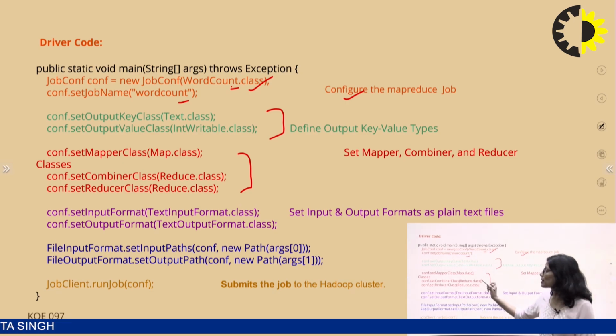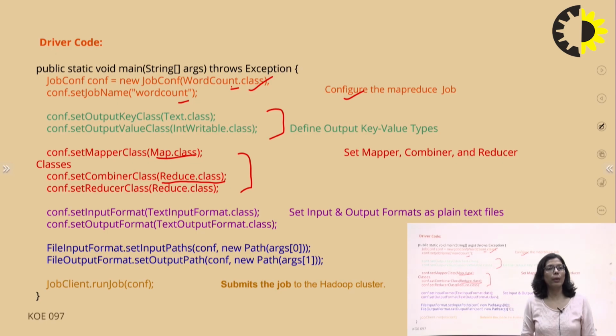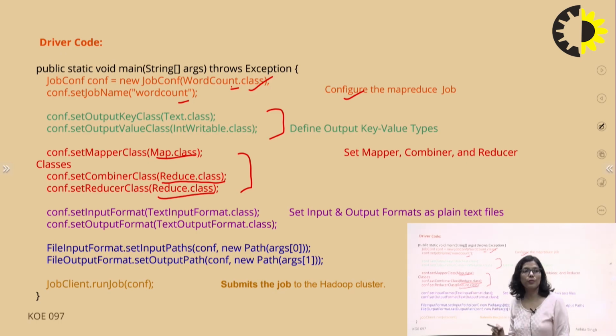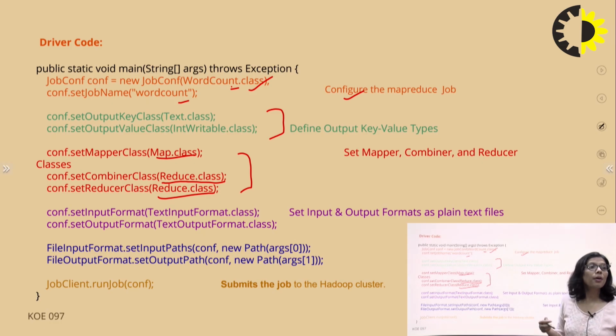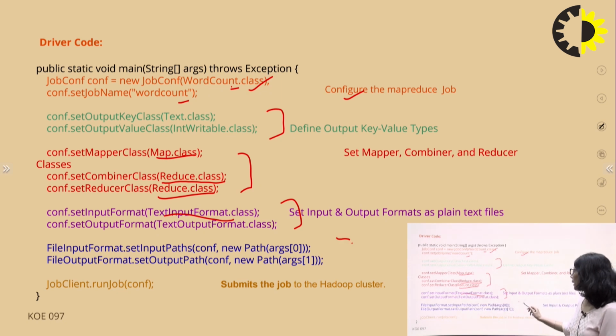Mapper I am defining as Map.class, whereas for the combiner I am using the same logic as reduce, because the combiner does the same work at one node, whereas the reducer works on the output of multiple nodes. So I am using the same Reduce class for both. Then I am setting up the input and output format, that is default TextInputFormat, and then I am giving the paths of the input and output files.